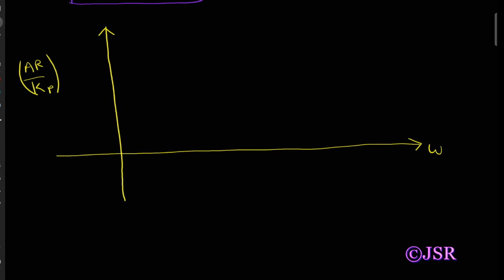So first plot the AR by KP versus omega plot.